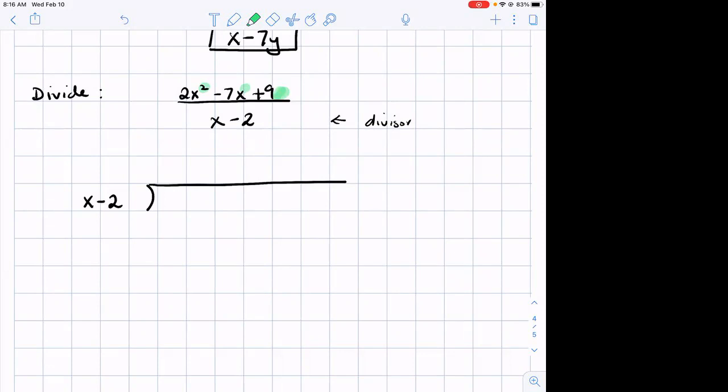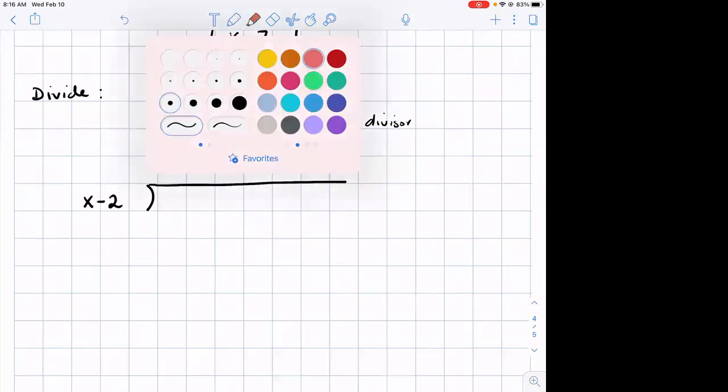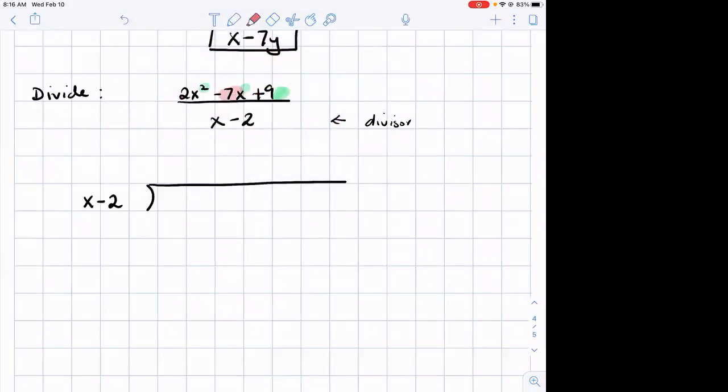If you had jumped from 2x squared to plus 9, then you would have to fill in a 0x. They're called placeholders, so you will have to do placeholders when we have missing terms. And I'll show you an example. And then 2x squared minus 7x plus 9.